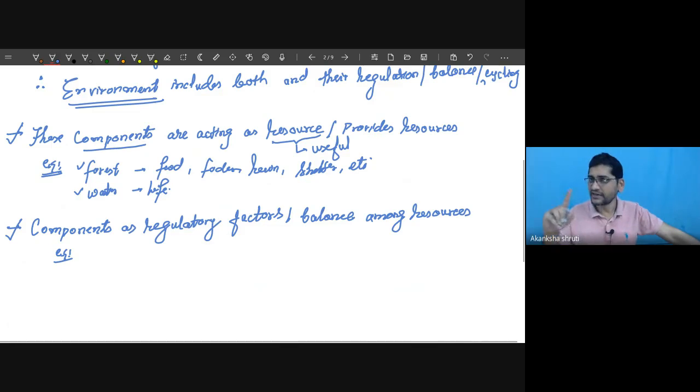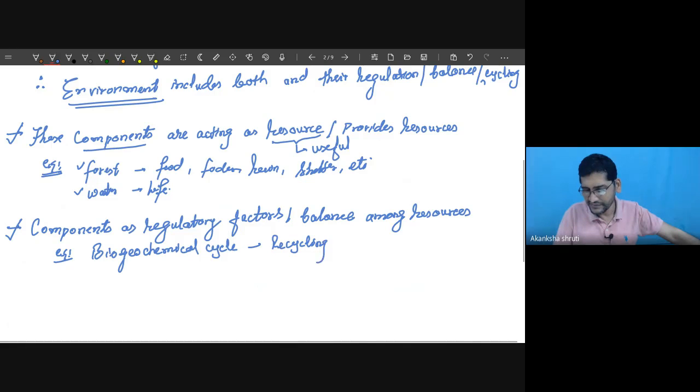One is called recycling of the carbon cycle, or recycling of the nitrogen cycle, recycling of water called the water cycle. All these are called what? Biogeochemical cycle. Those things we have learned. So the example is biogeochemical cycle.